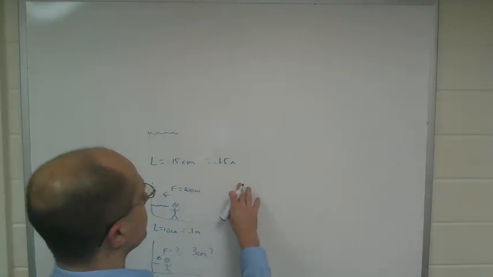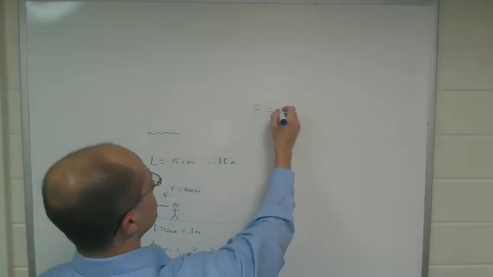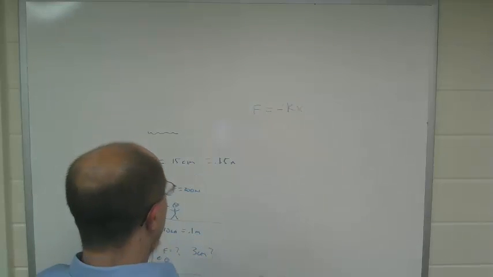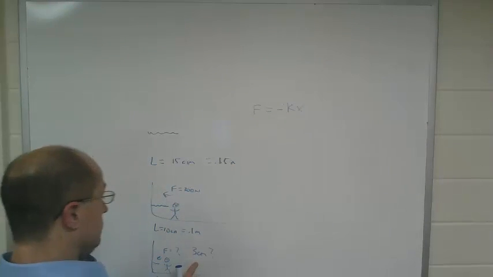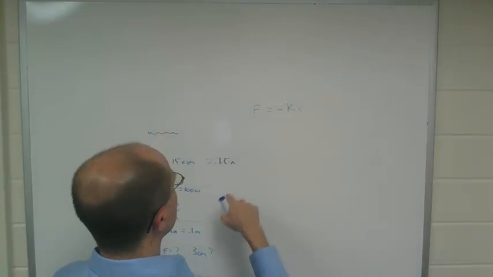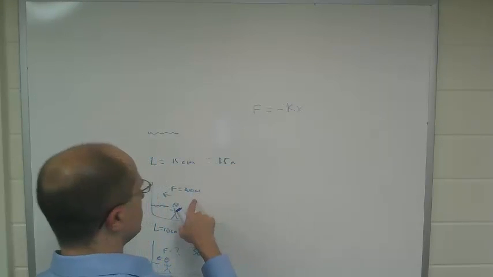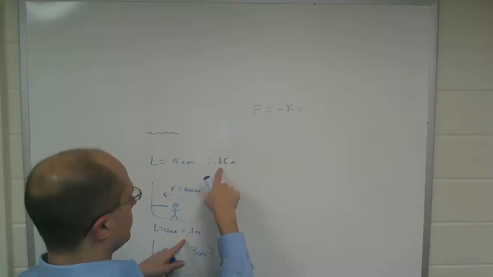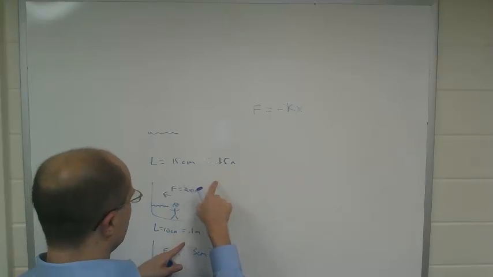So to get this, what we remember is that force is equal to minus kx. And in order to know how hard to push at 3 centimeters, we need to find k, the spring constant. So we know that when we pushed with 200 newtons, the length went from 15 centimeters to 10.